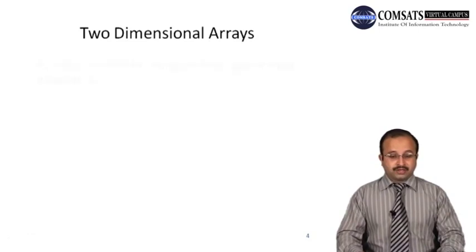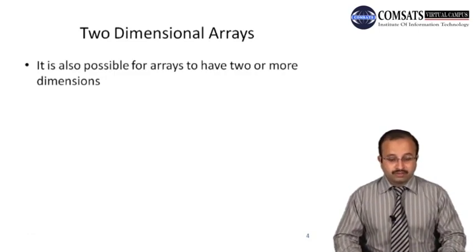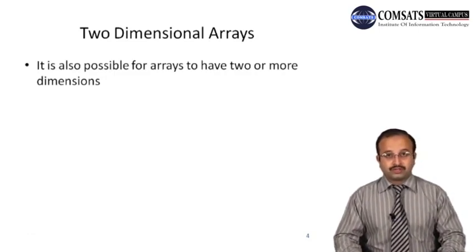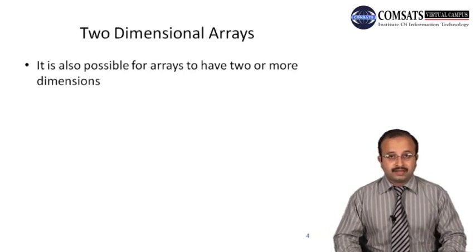So a two-dimensional array. It is also possible for array to have two or more dimensions. So if we write integer x and within square bracket 10 and semicolon, this means that we are declaring a one-dimensional array that contains 10 elements. So it is also possible to declare an array that contains two or more dimensions.